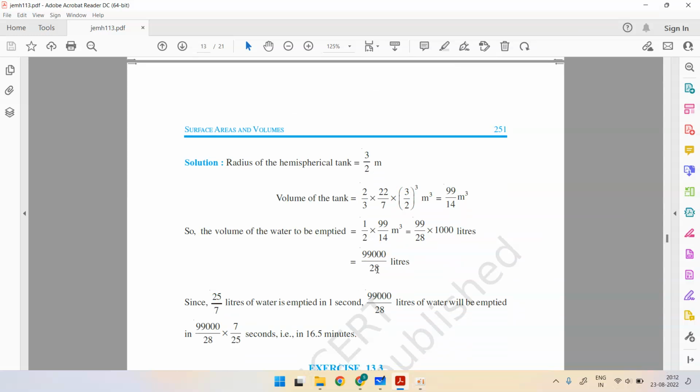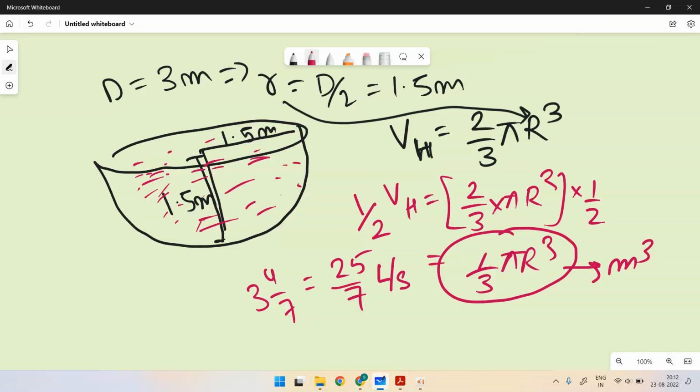Now see, for converting, 1 meter cube equals 1000 liters. Remember this thing, 1 meter cube is 1000 liters.